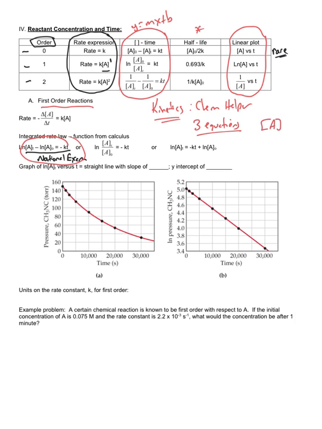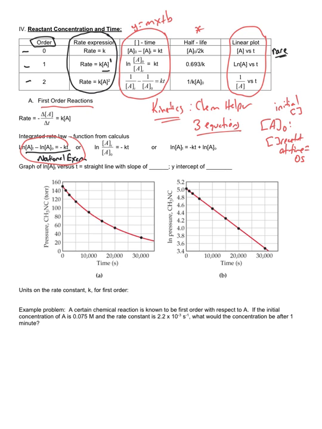A0 is the concentration of the reactant at time equals 0 seconds. So, what is the concentration of a reactant when the time of the reaction is 0? Well, the reactant hasn't started reacting yet. Therefore, A sub naught really is the initial concentration.